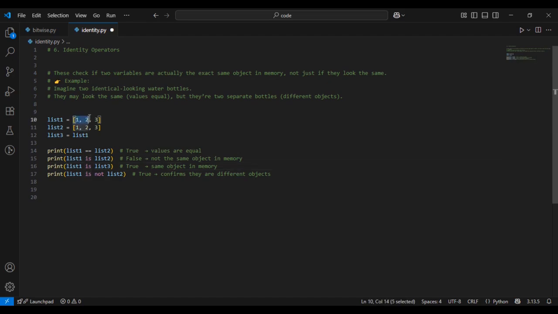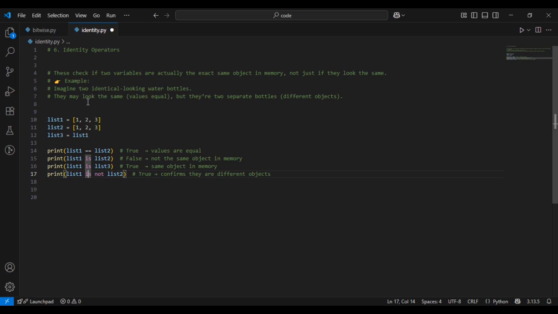So both these lists are equal, but if we do list 1 is list 2, this will not give the same answer, because the identity operator is used to actually check the memory location. If two objects are in the same memory location, then the answer will be true, otherwise the answer will be false.